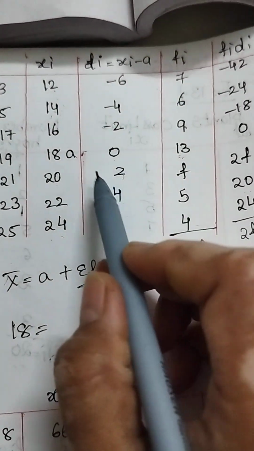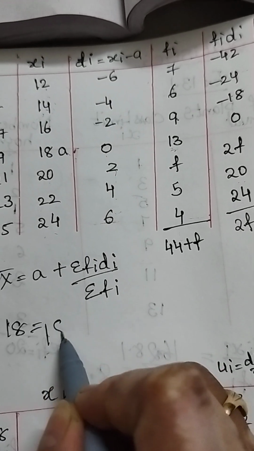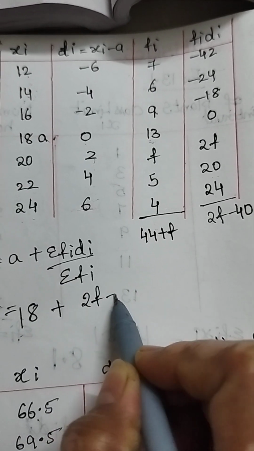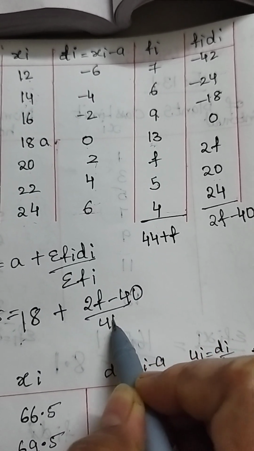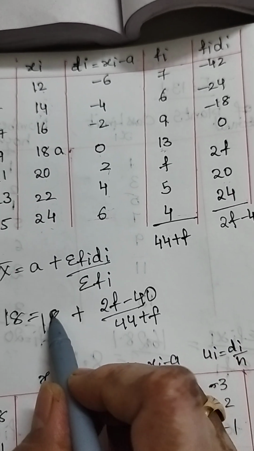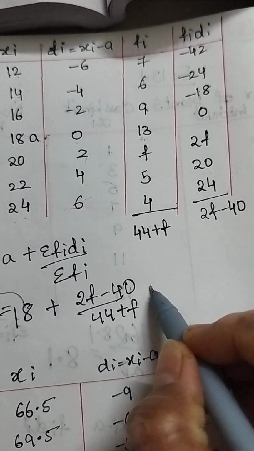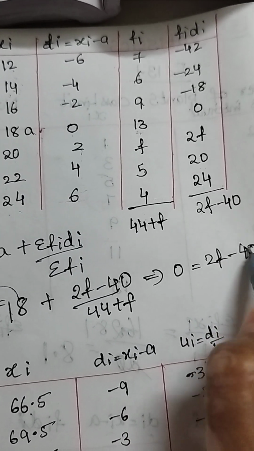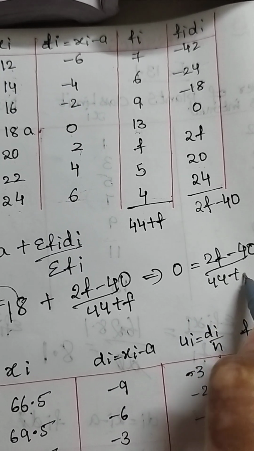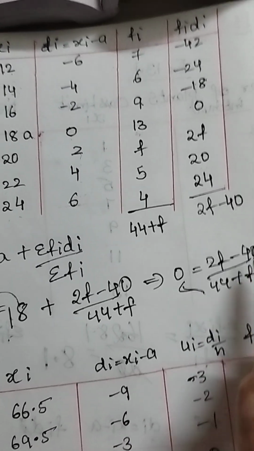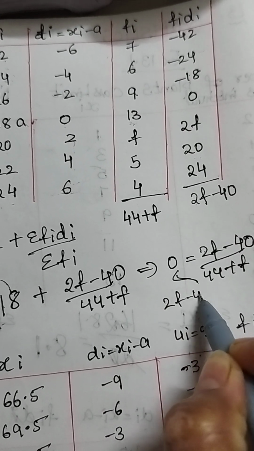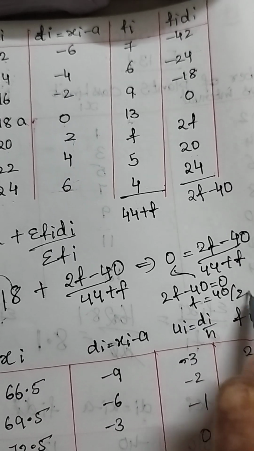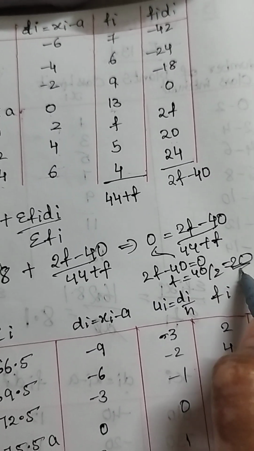I took the assumed mean also 18. Plus summation fi di, which is 2F minus 40, by 44 plus F. If you transpose this to the RHS, this becomes 0. That implies 0 equal to 2F minus 40 by 44 plus F. Next, cross multiply and you will get 2F minus 40 equal to 0. So F equal to 40 by 2, which is 20. So the missing frequency is 20. This is the third sum.